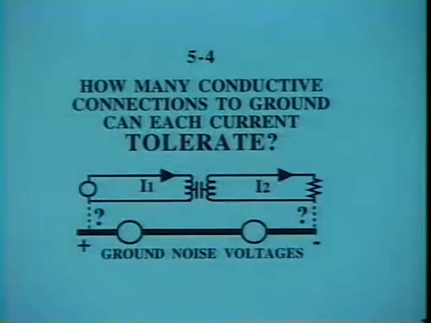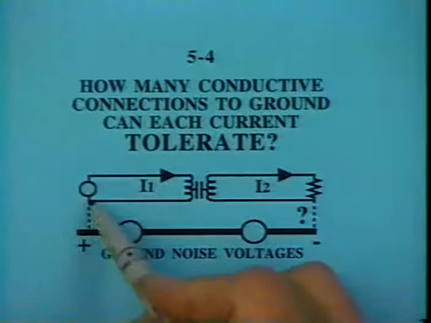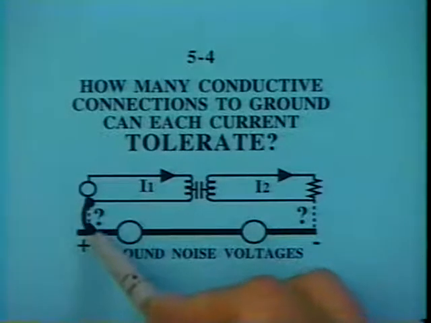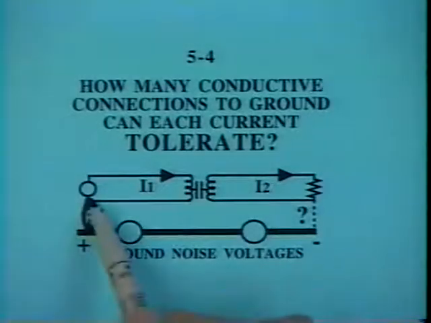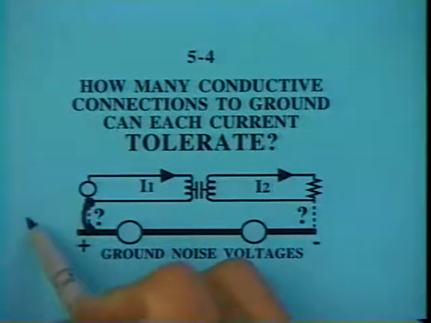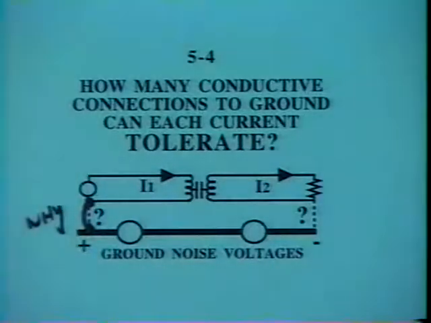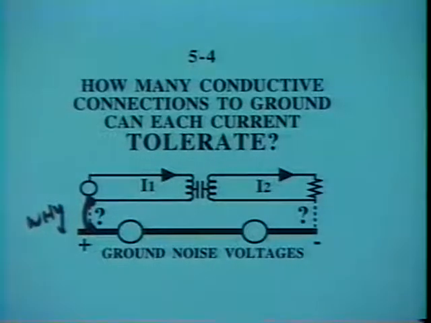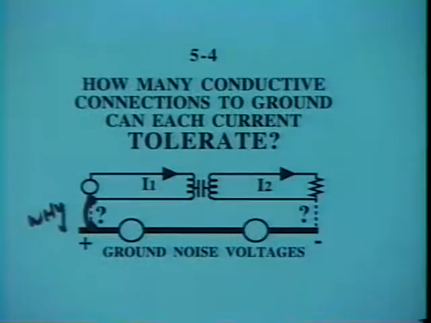Maybe I should switch over to a black pen because now we're going to be talking about non-current carrying. We make a conductive connection to ground from current loop I1. Now the reason for the question mark there is I want to know why do we think that's a good idea? What's the reason for that grounding connection? Let's assume for the moment that there's a safety mandated requirement.